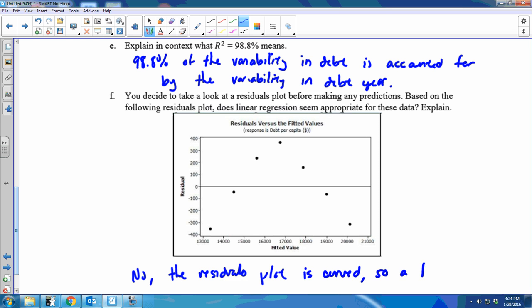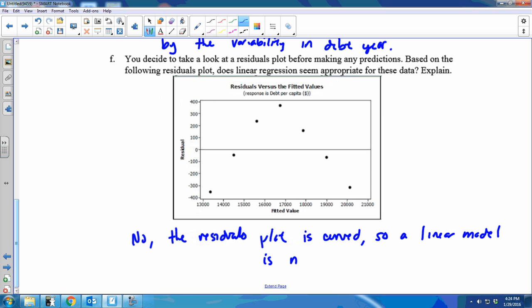So a linear model is not appropriate. I could see a question like that easily being a free response question. Maybe not so many parts, but it'll ask you to interpret the slope and the y-intercept, and it'll ask you about R squared. It'll ask you to write the equation. So make sure you know how to do all those things.